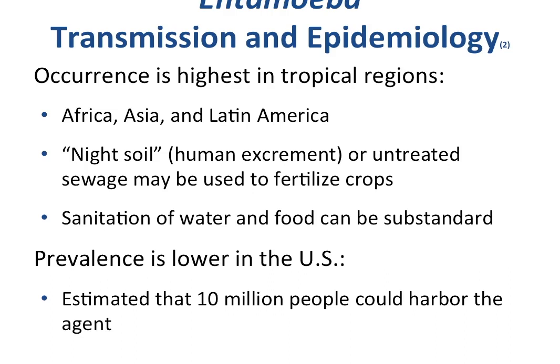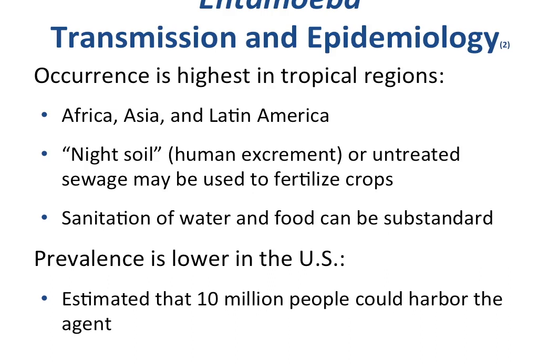So the amoeba can be spread and contaminate the food and water. So the sanitation of water and food is very important. In America, actually, the amoeba is relatively rare.